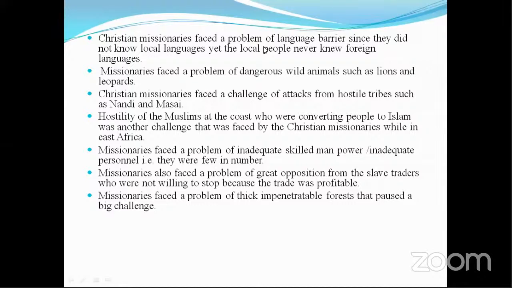Yes, Harriet. Teacher, I was asking about the previous explanation. How did the slave traders benefit from that slave trade? Oh, you want to know the benefits of slave trade to the traders.